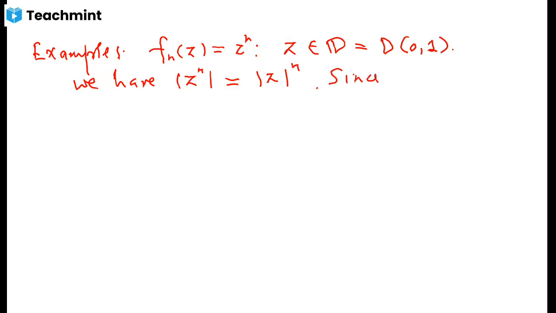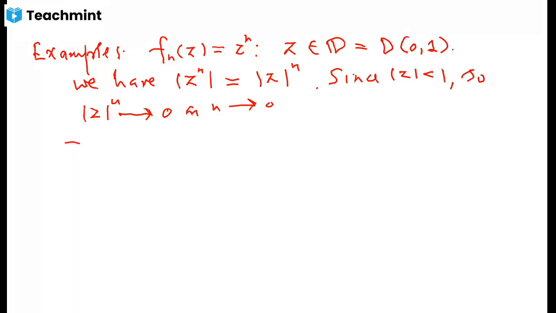Since mod of z is less than 1, you know from real analysis, which you have proved already, that whenever you have a real number lying between -1 and 1, then the power of that number goes to 0 as n goes to infinity. So for each z you take, it goes to 0.